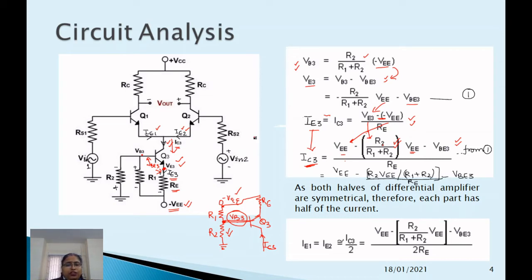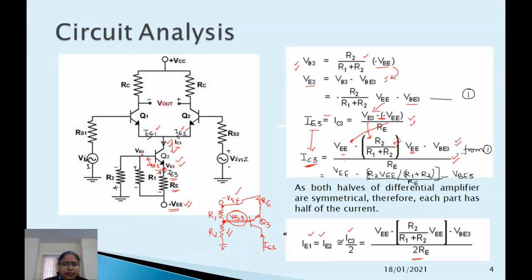Therefore each transistor will have equal current in its emitter path. So we can write IE1 equal to IE2 is approximately IE3 divided by 2, halving this current. So this is equal to VE minus R2 upon R1 plus R2 into VE minus VB3 divided by 2RE. Clear?